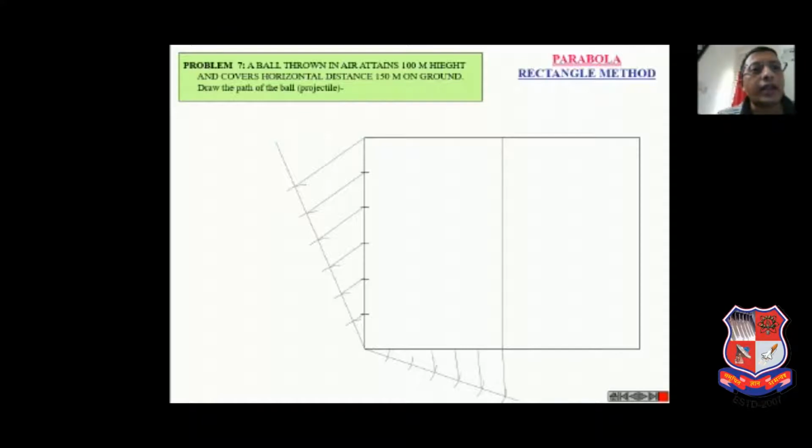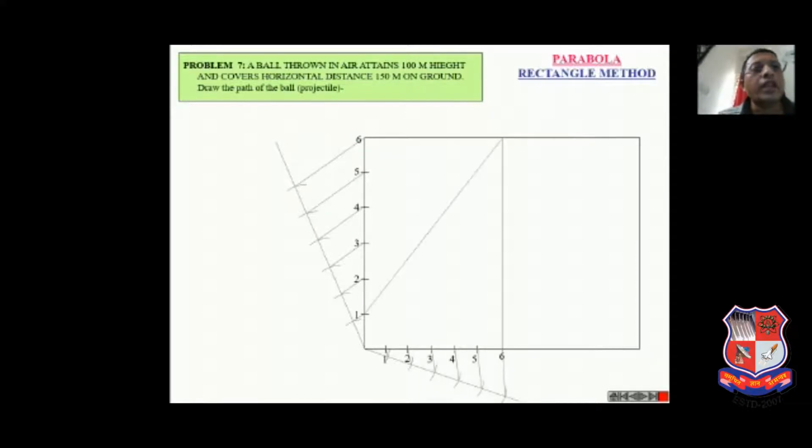So in left portion of this rectangle we divide vertical line and horizontal line in equal number of parts. Now we will give numbers to these vertical lines and also we will give numbers to these horizontal lines.